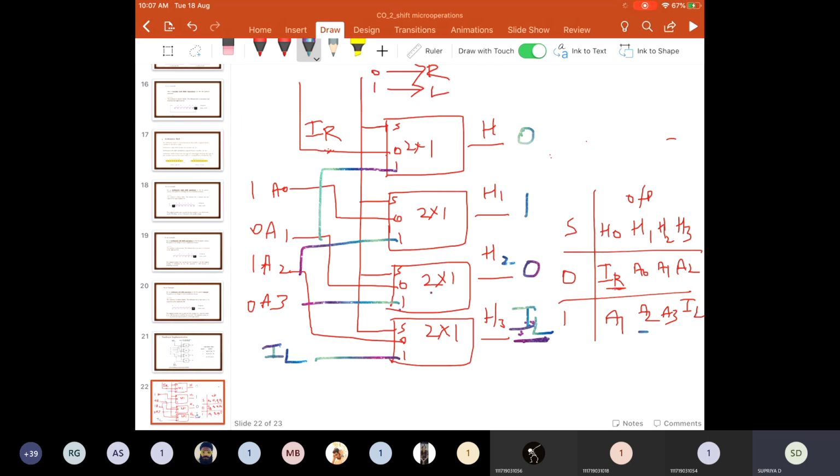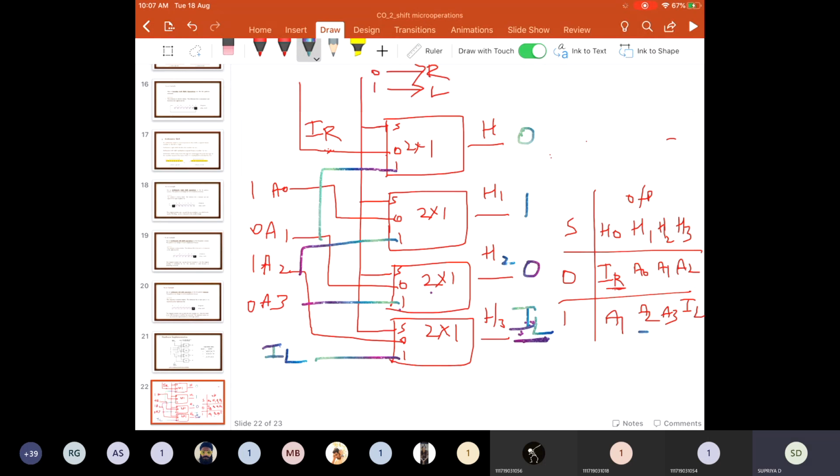And when S equals 0, you are connecting IR, serial input, to H0 multiplexer, A0 to H1, A1 to H2, A2 to H3, so that you will be getting the result of a shift right operation as the output from the multiplexer. In this way, shift micro operations can be performed by using this hardware implementation.